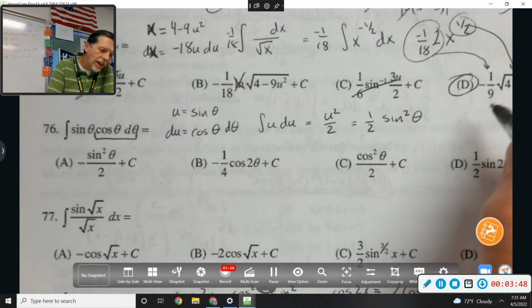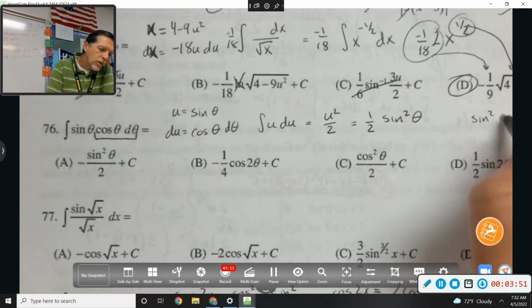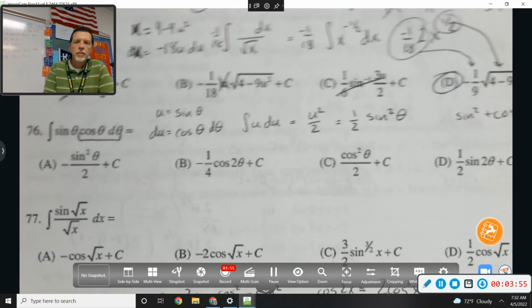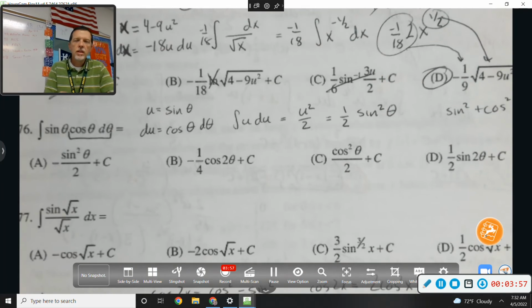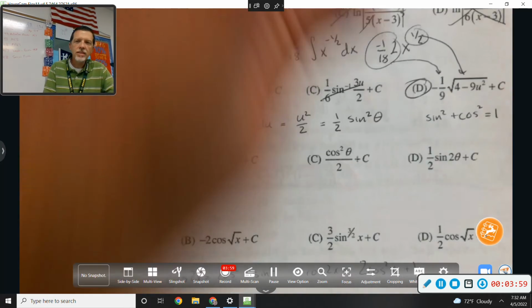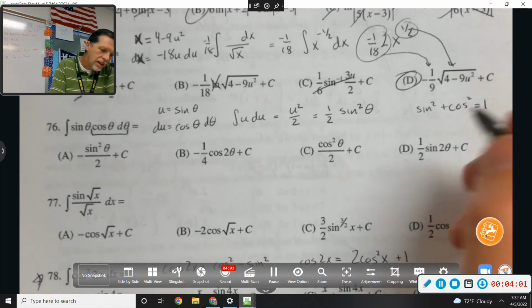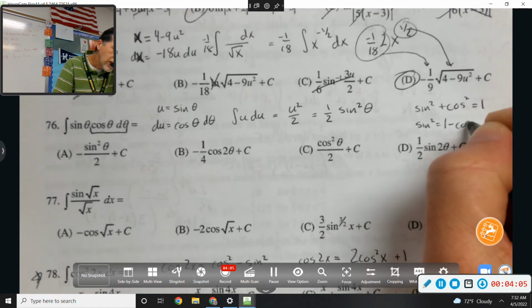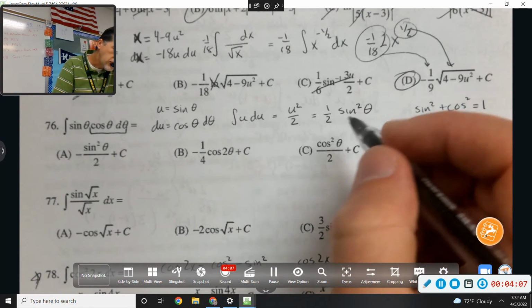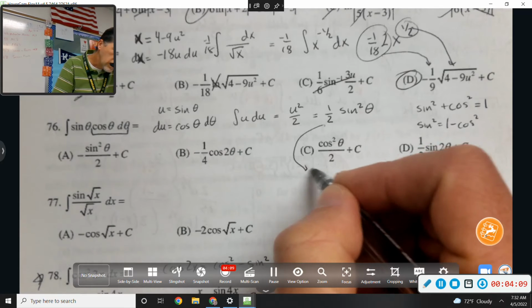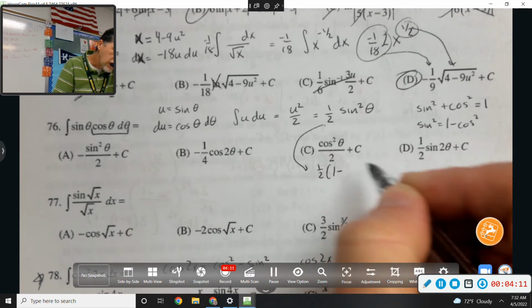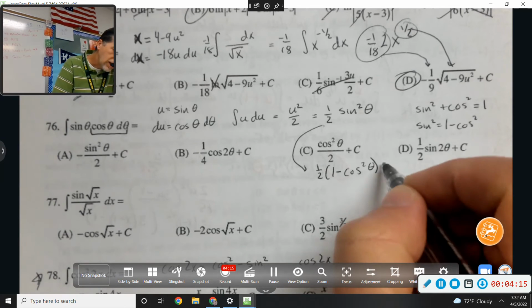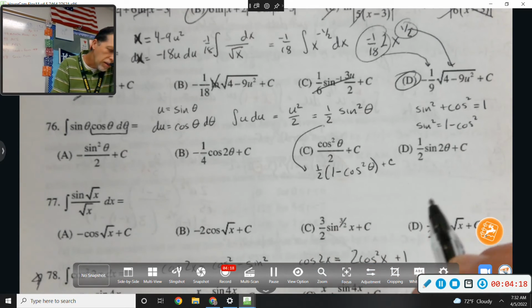Well, I know that sine squared plus cosine squared is equal to 1. So if I replace, let's see, that means sine squared is equal to 1 minus cosine squared. So 1/2 times 1 minus cosine squared theta plus c.